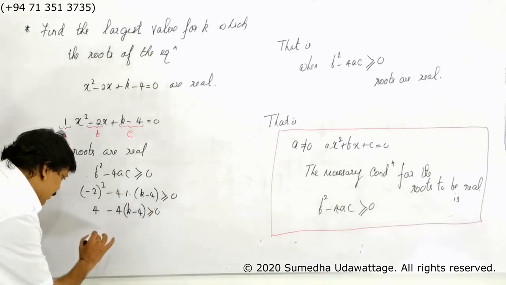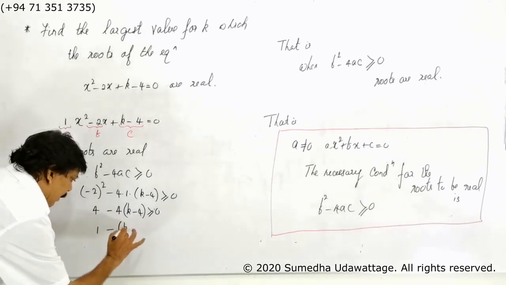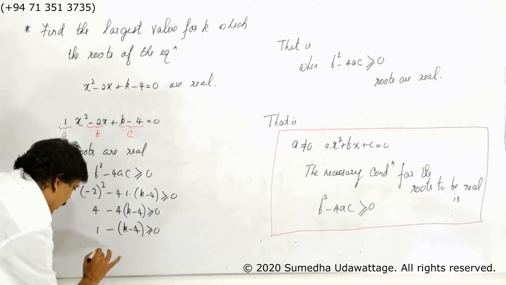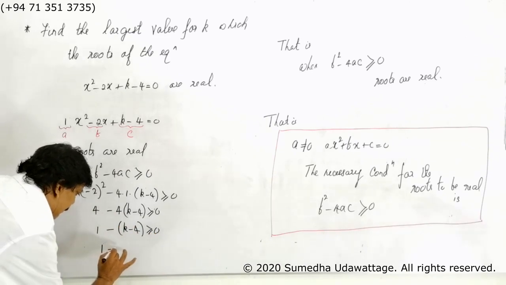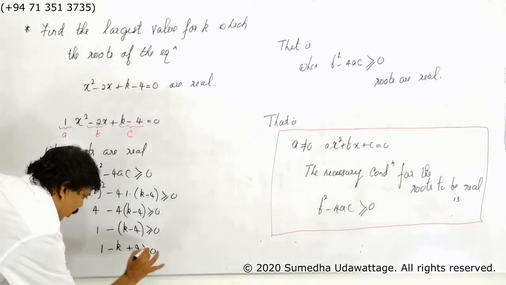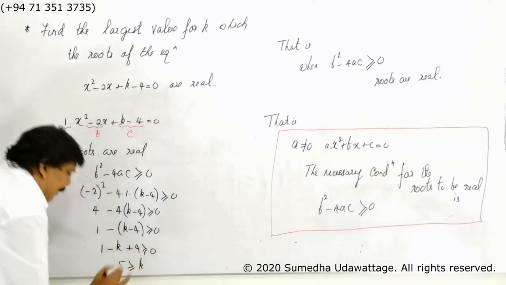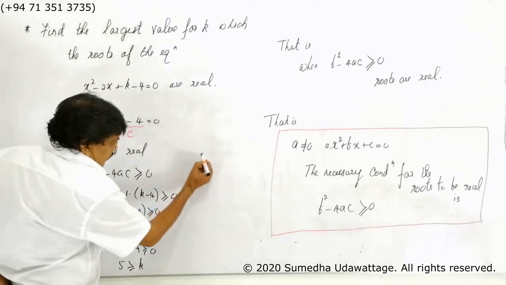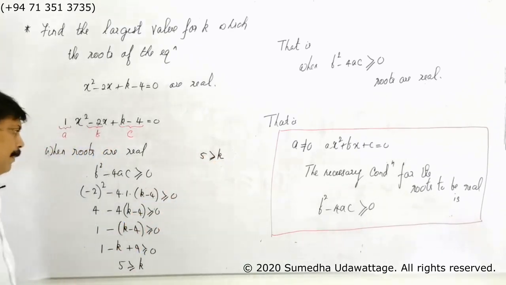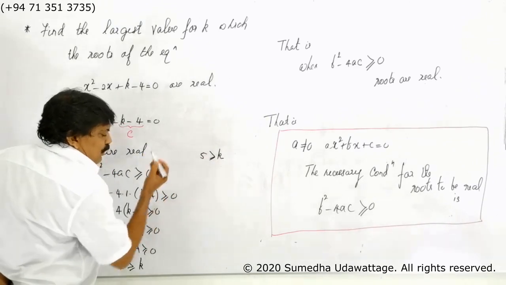Dividing the complete expression by 4, we get 1 minus k plus 4 larger than or equal to 0. 5 is greater than or equal to k. Then k has to be less than or equal to 5.